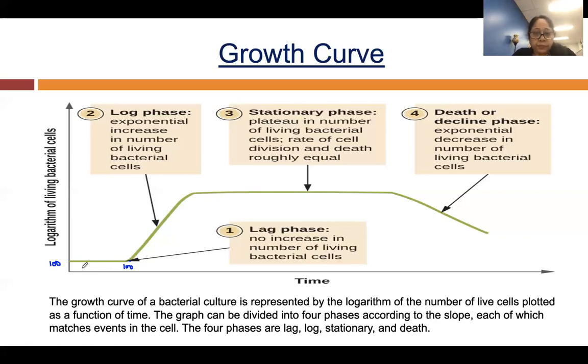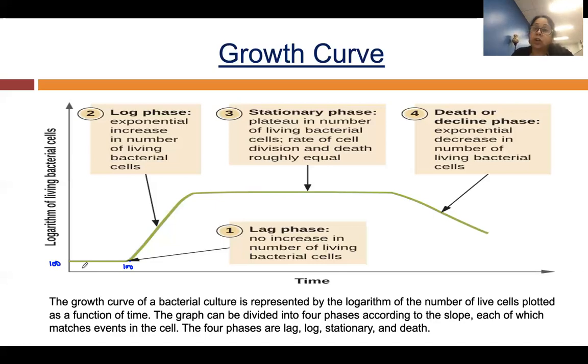Okay, so at the beginning, it takes time for the bacteria to adjust in a new solution. Basically, the new temperature, new environment, new nutrient media, different oxygen supply, different humidity supply. So all together, it takes the bacteria a little bit of time to settle down.